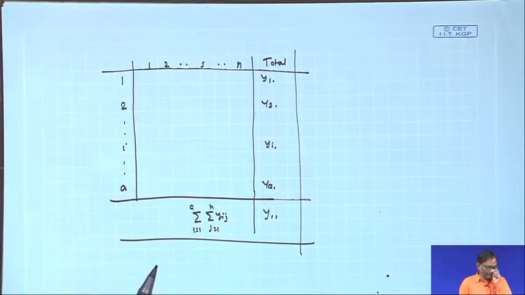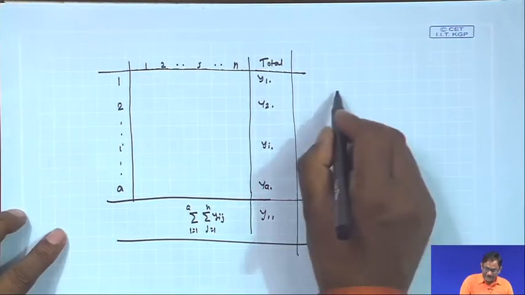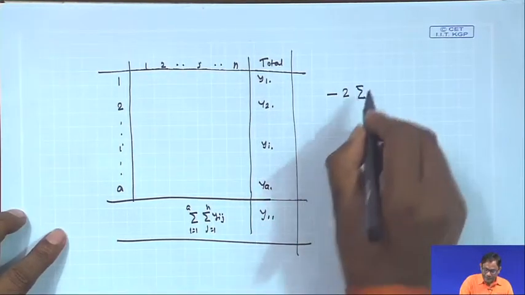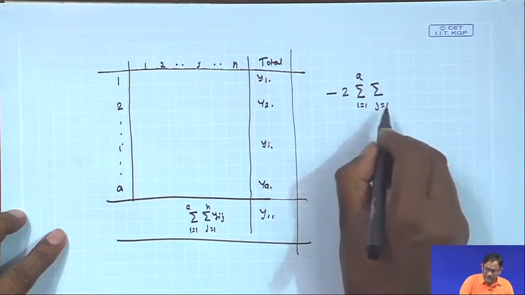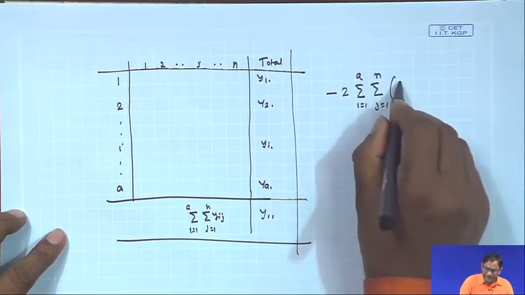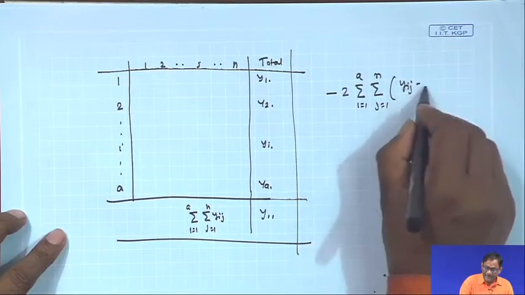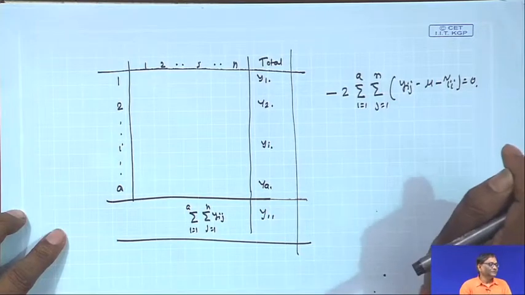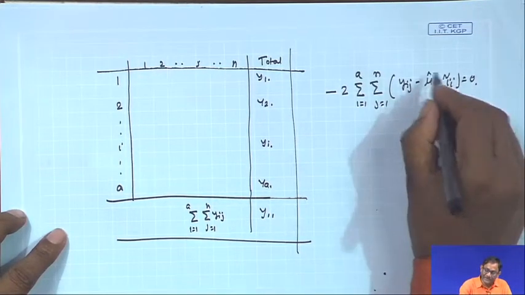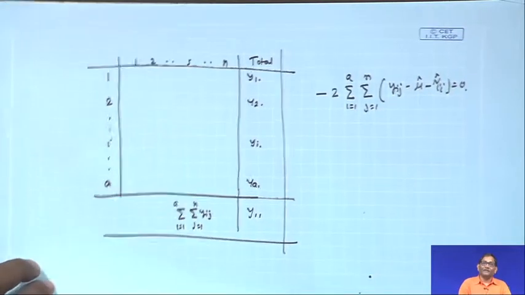Okay. So, what is our first equation? The first equation is minus 2 sum over i equal to 1 to a, j equal to 1 to n, of yij minus mu minus tau i equal to 0. Obviously, given that tau i cap.